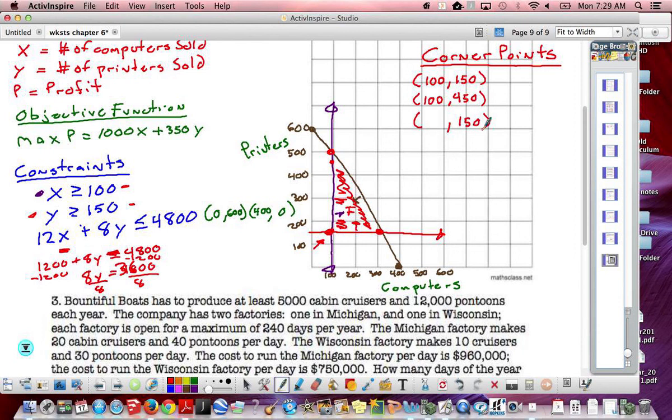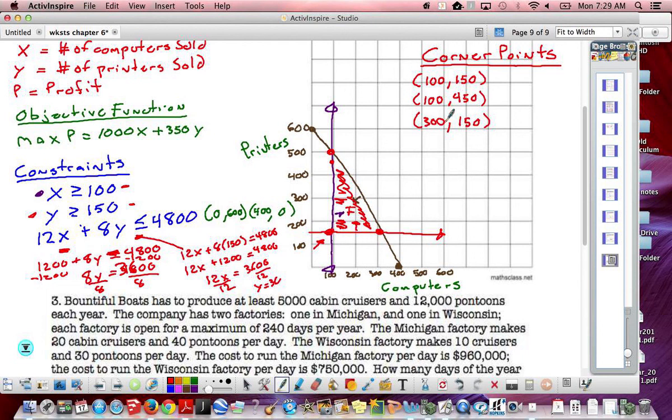So if I plug it in here, I'll have 12x plus 8 times 150 equals 4800. 8 times 150 is actually another 1200. So if I subtract, 12x equals 3600, divide by 12, then x equals 300. And that actually looks pretty good. So at least the line looks better there.